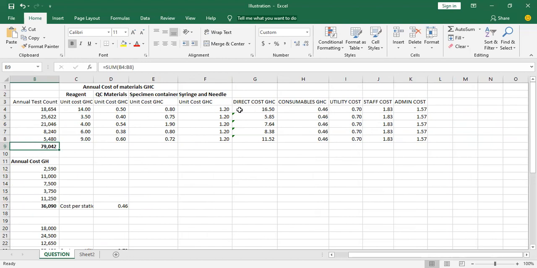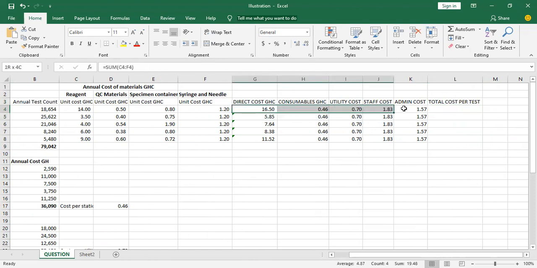So we're now going to add both the direct and the indirect, and then we get what? Total cost per test. So we're going to add all of them and get our total cost per test.